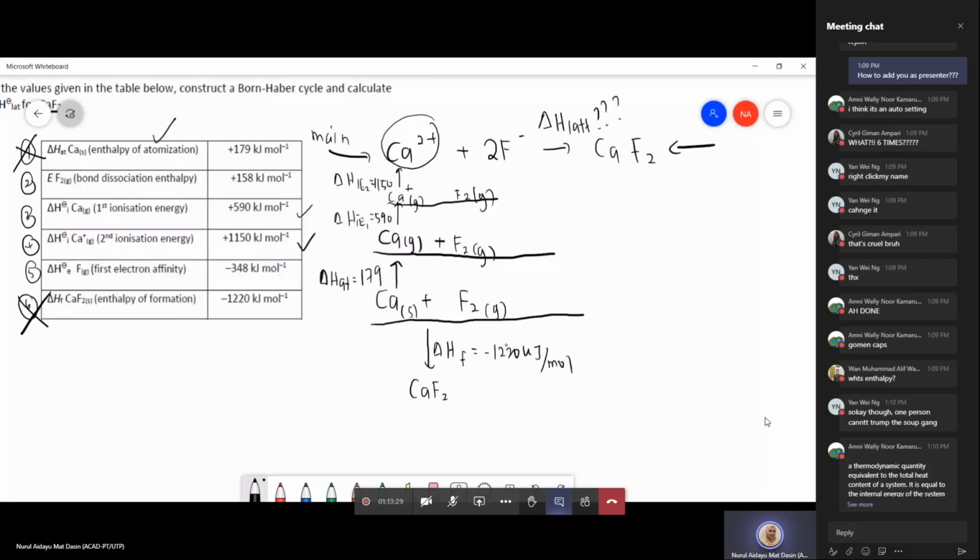And how to find this? How to get this F? We use F2 from here.